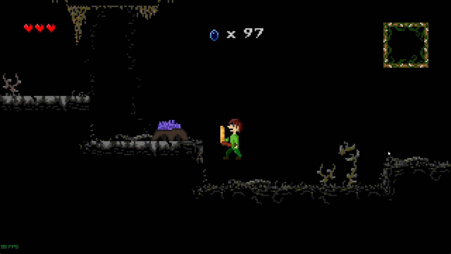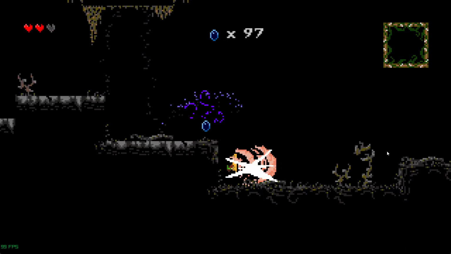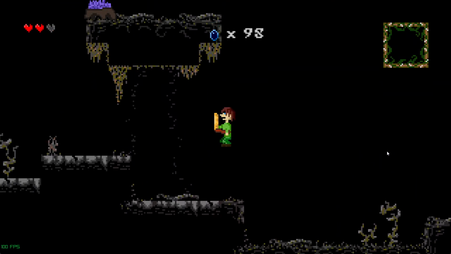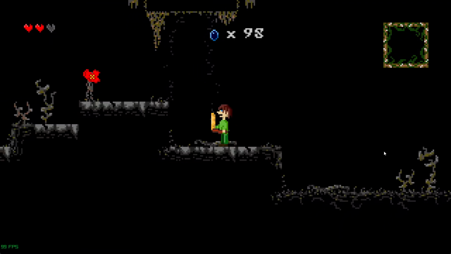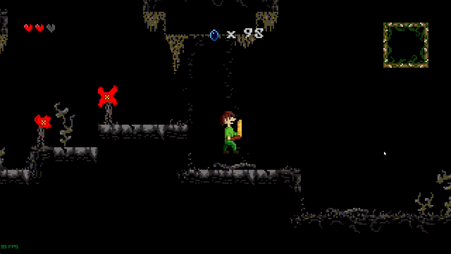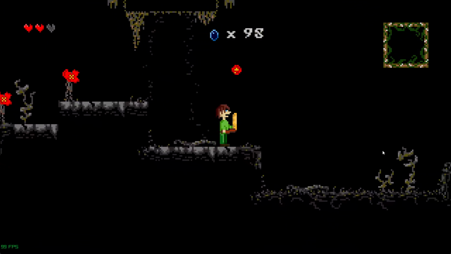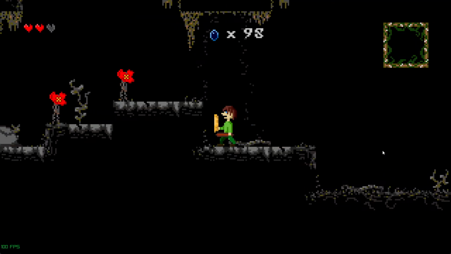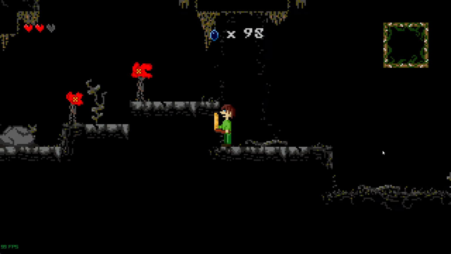I really need to fix my... oh yeah, I need to fix that bug as well. So here's the monster. If I stand over here, it's not gonna shoot. If I go closer, it's gonna start to shoot.